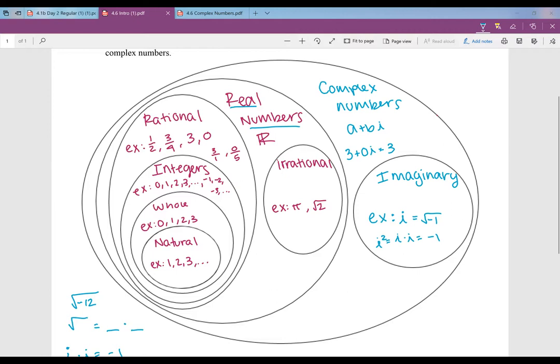So it includes all your real numbers, but it also includes different complex and imaginary numbers, because you could have something like 2 plus 4i, and that would be a complex number. Okay, so complex numbers are in the form a plus bi, where a and b are real numbers. Okay, so a and b come from our real numbers, and then i is our imaginary part.